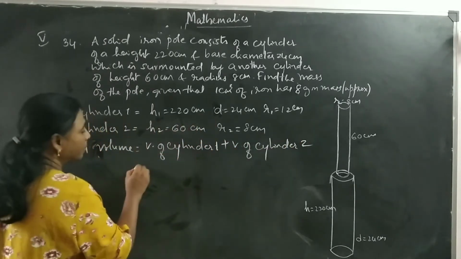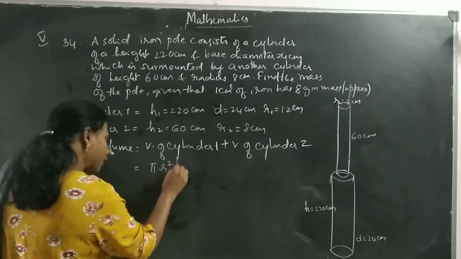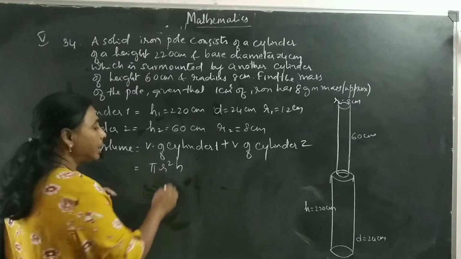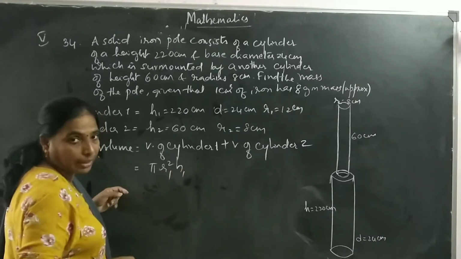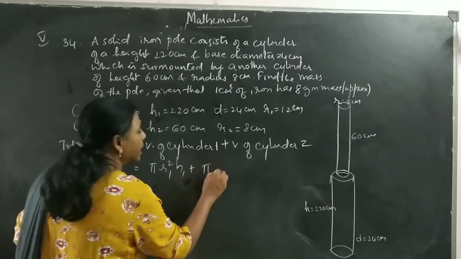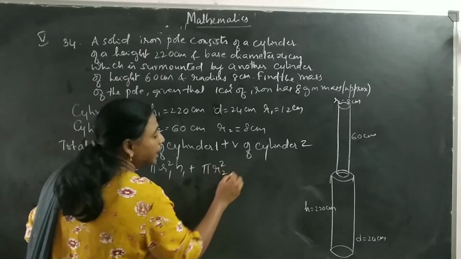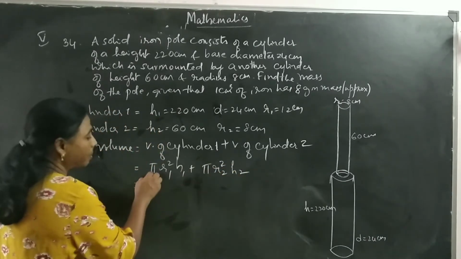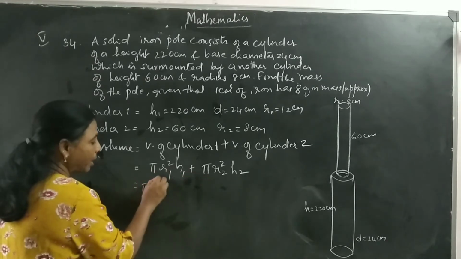Now you know the formula. Pi r square h is the volume of the cylinder. Let me take this as r1 and h1. The second one is also pi r square h, but let me take it as r2 h2. Now pi is common, let me put it outside.